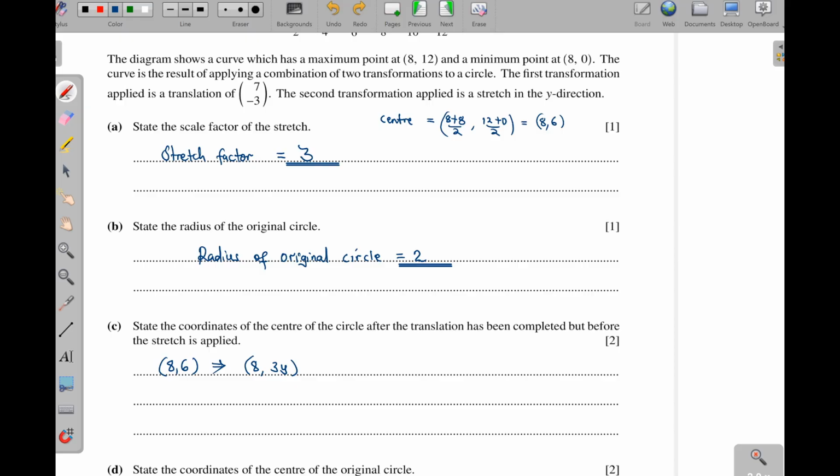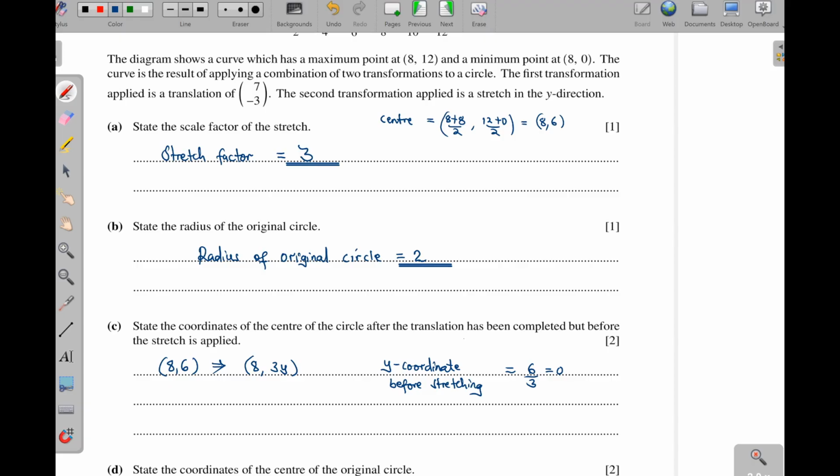Okay, so we are going to divide through. So y coordinate before stretching is equal to 6 divided by 3, not so?